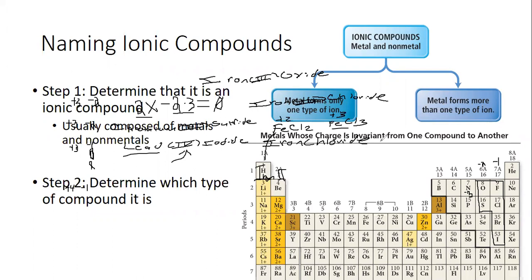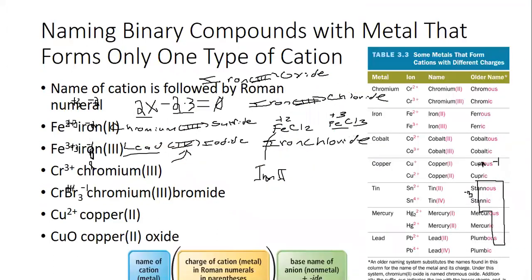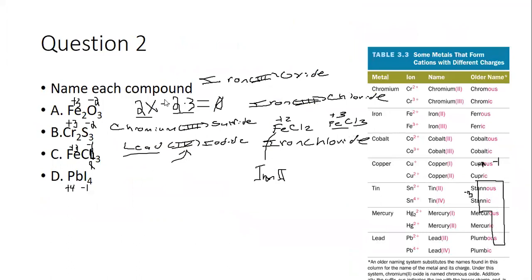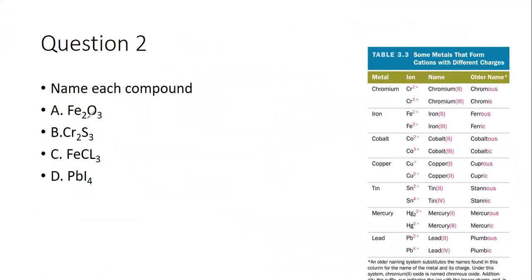How do we know iron is +2 or +3? Well, go back to our example, right? So if I go to A, I know that oxygen's -2 because, what we just talked about, oxygen's always -2. And so the math is I have 2 irons, but I don't know their charges. So 2 times x.